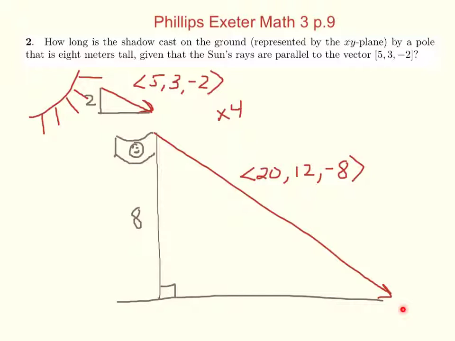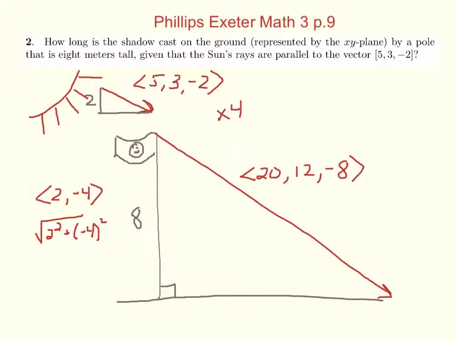Yeah, you just use the Pythagorean Theorem. So if you had a vector that was just, say, 2, -4, basically you just use the Pythagorean Theorem with those components of the vector. I just made that one up.